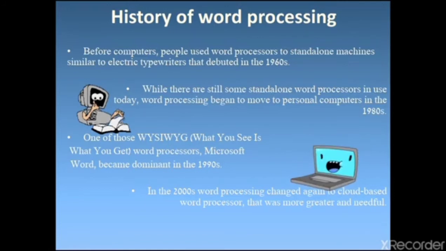One of the "what you see is what you get" word processors, Microsoft Word, became dominant in the 1990s. In the 2000s, word processing changed again to cloud-based word processors that were greater and more needed.